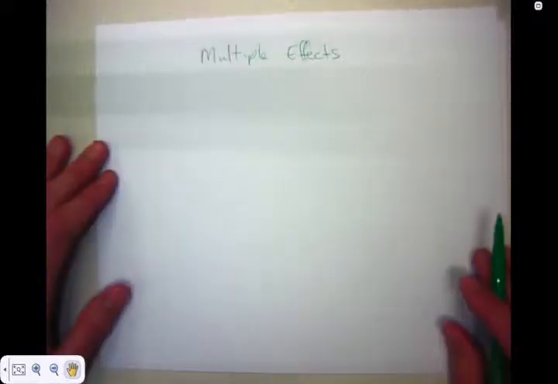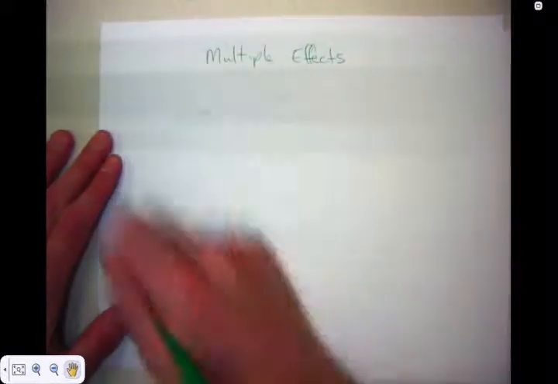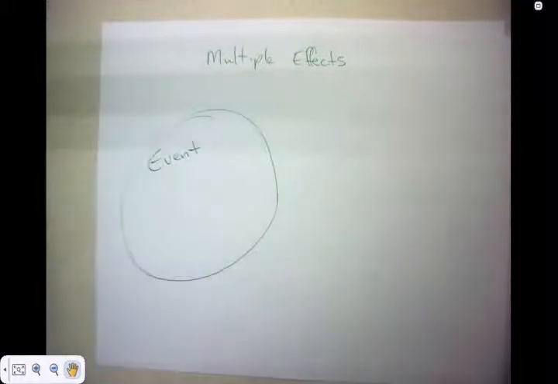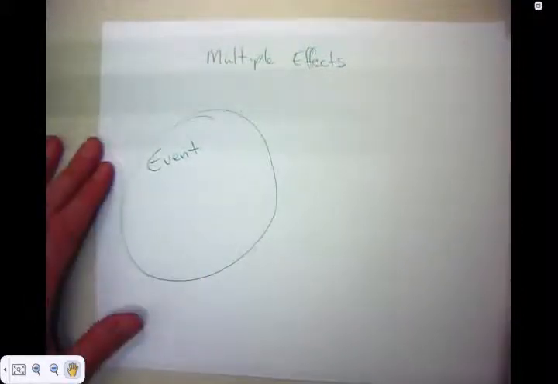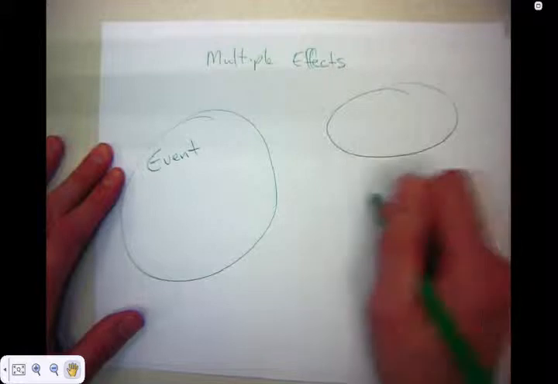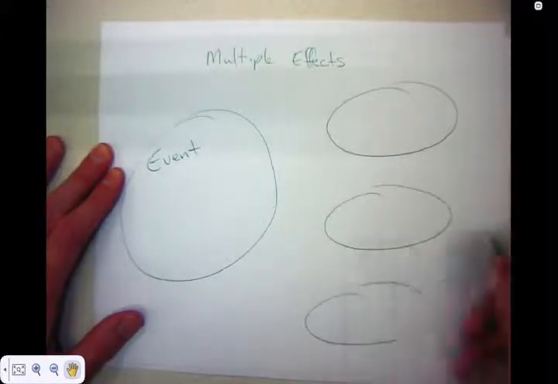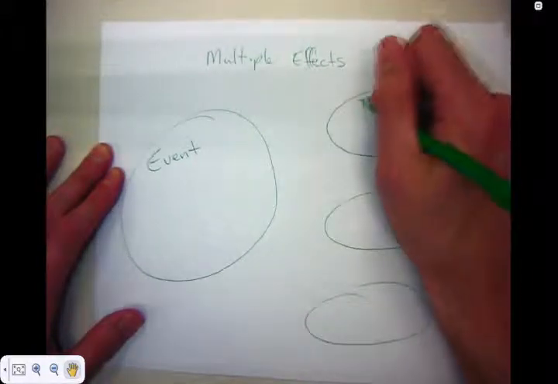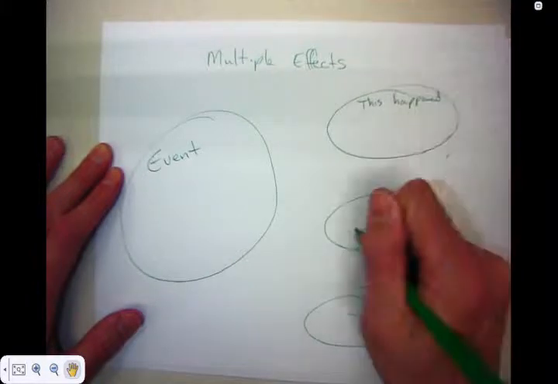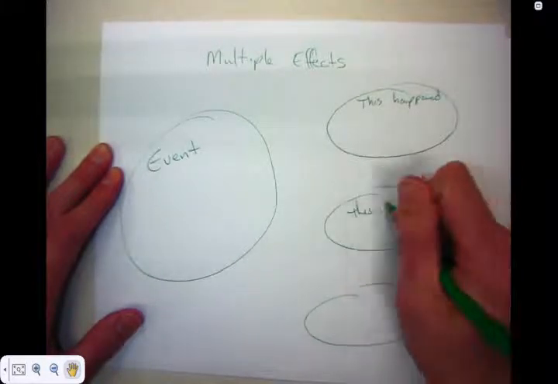We can also have multiple effects, right? So again, I'm reading something and I notice some event, and then later on I notice that quite a few different things came out of that event. I notice this happened. I notice that this happened.